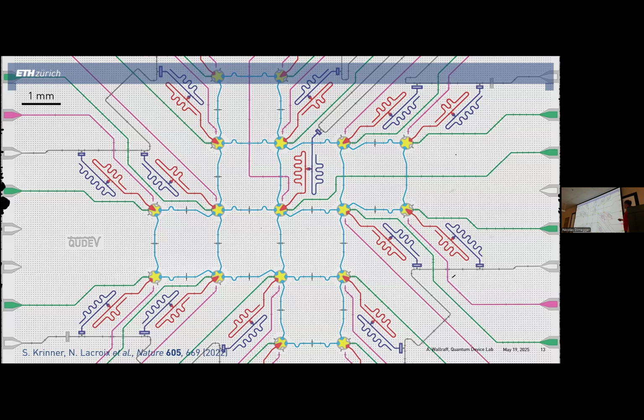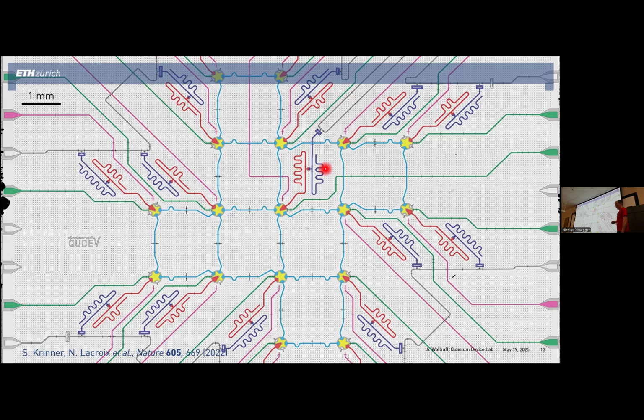One thing that is also special in this architecture is that the readout resonator has an individual Purcell filter, and the blue structure here is a so-called Purcell filter. It's just another lambda quarter microwave frequency resonator that has roughly the same frequency as the readout resonator and is strongly coupled to it.